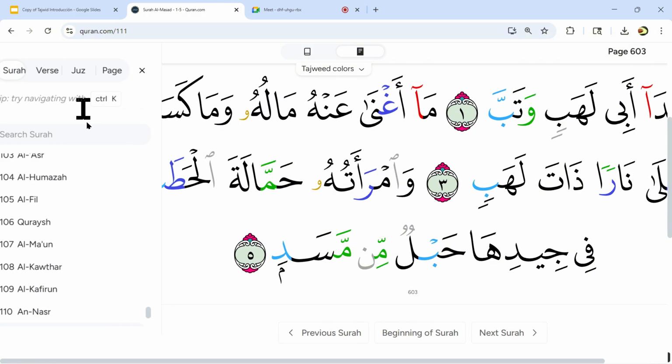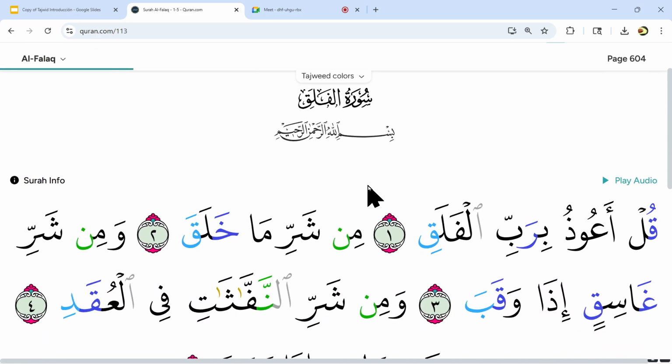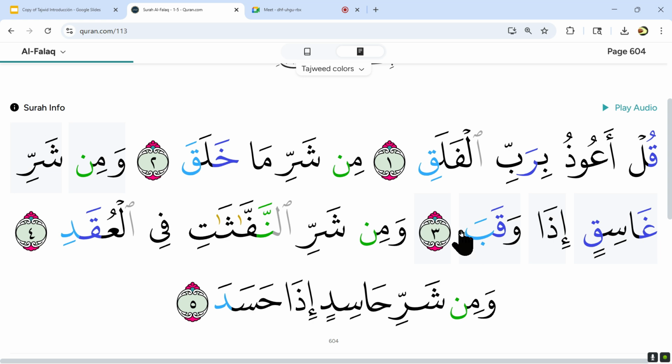Alhamdulillah. That sounded good. Let's go to Surat al-Falaq. Check out the letter Qaf. Qaf is one of the letters. قل أعوذ برب الفلق من شر. For the Qaf, you can say it like you said it.